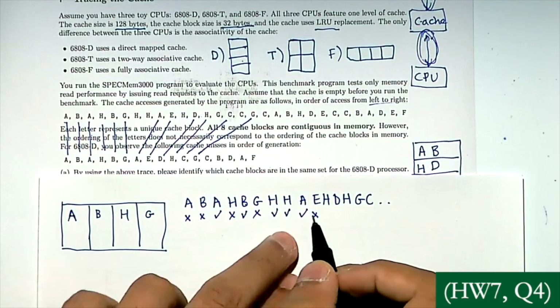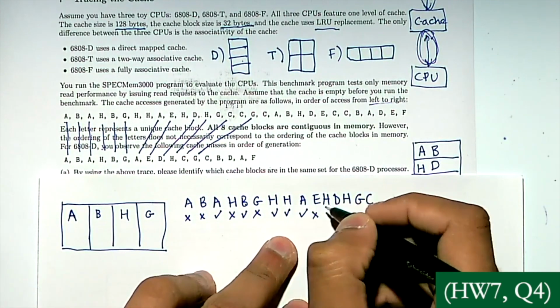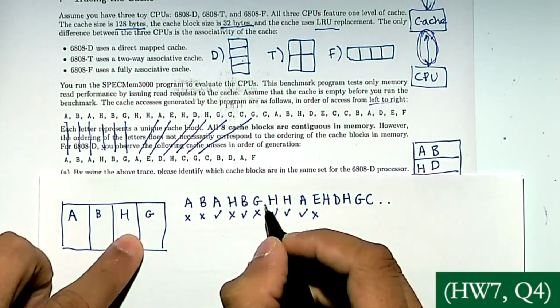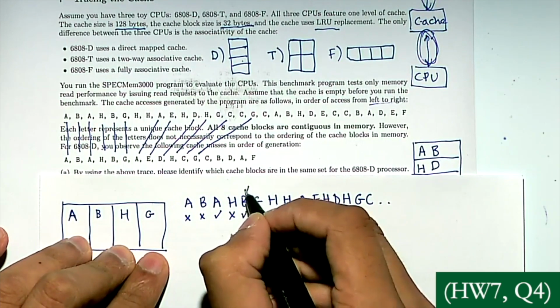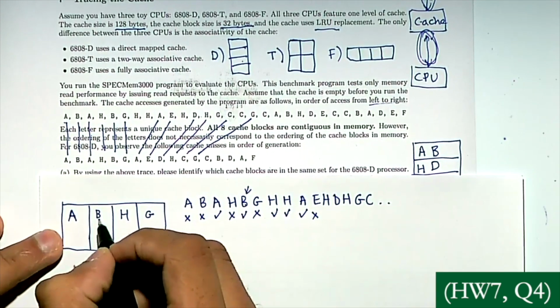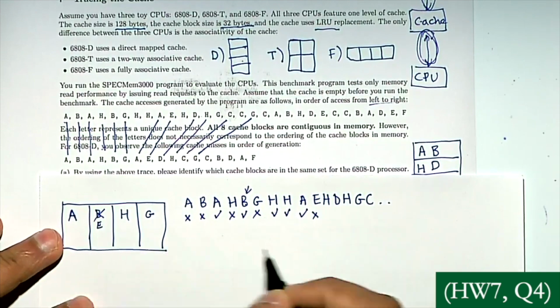Since everything is kept in the cache up until now, we look at A, H, G. These 3 are all in the cache, and they've been recently accessed. The least recently accessed one ends up being B, because it's the farthest. And so B gets evicted, and instead we put in E. So E is now in the cache.